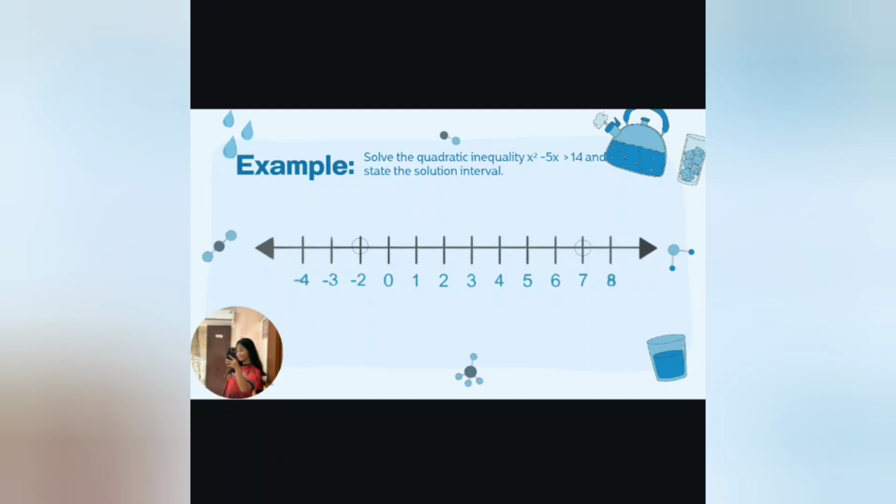Since our original inequality asks where the expression is greater than 0, our goal is to find which sections produce a positive result. First, let's look at the left region, where numbers are less than negative 2. So we put x less than negative 2, and at the lower part, you can see negative infinity and negative 2.